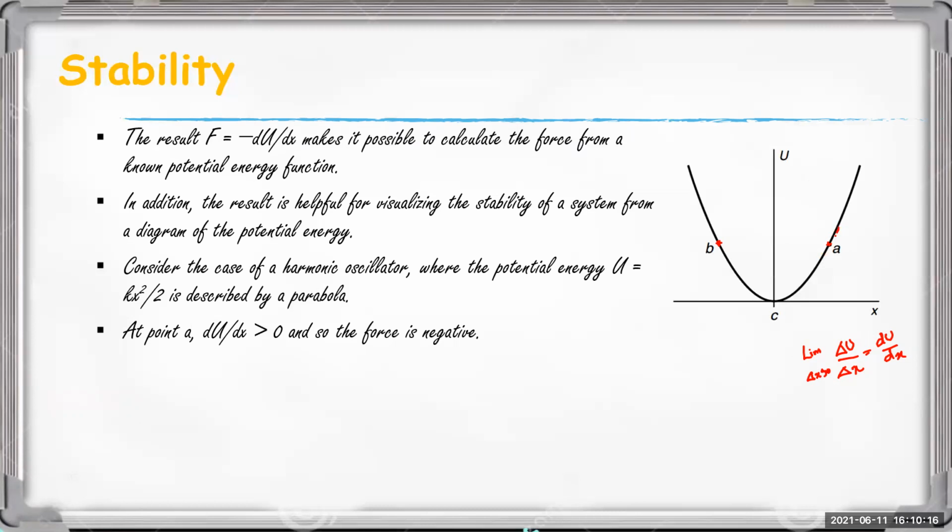If at this point we have to draw a tangent, then this quantity must be delta u and this is delta x. And when we find those quantities, we will obtain du by dx.